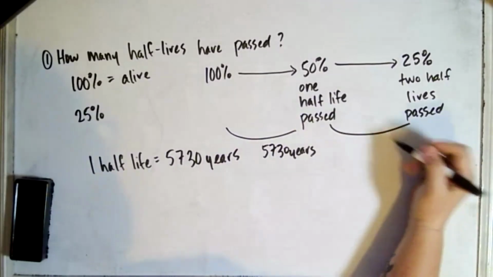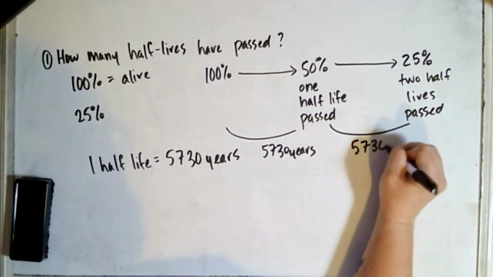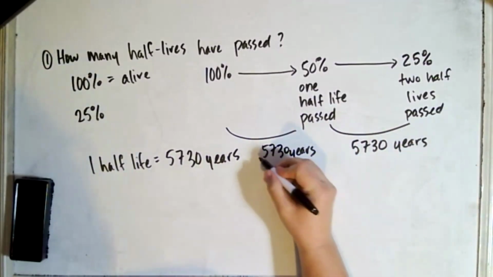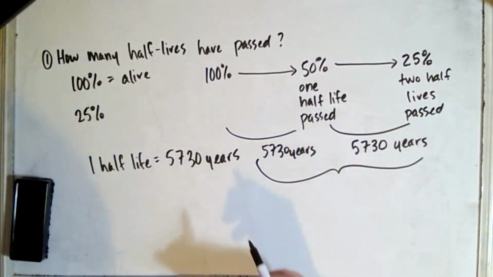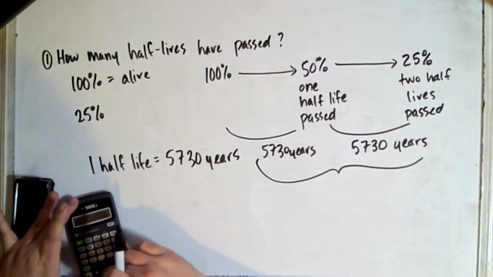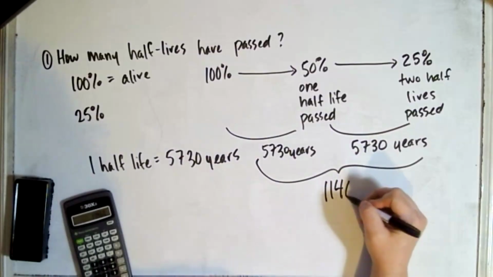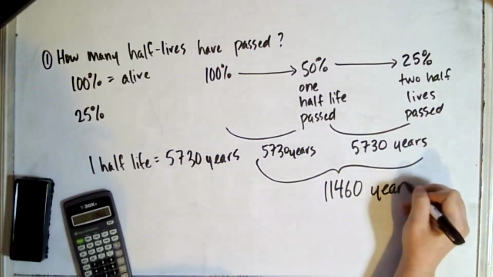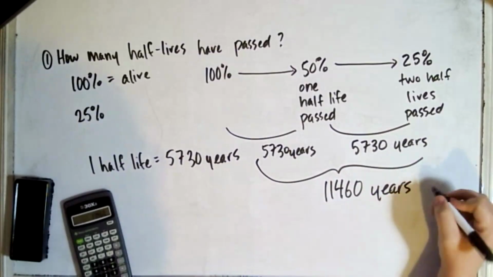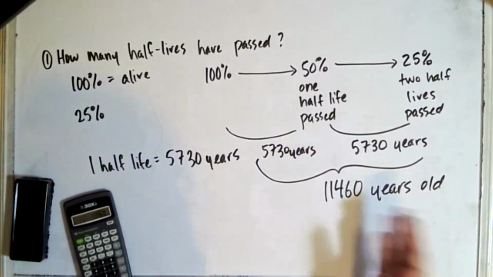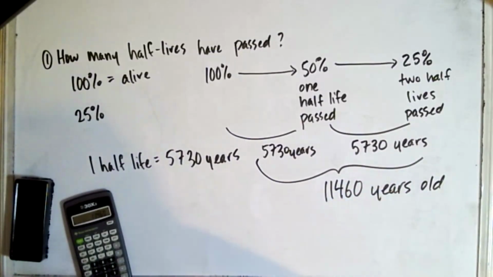When this second half-life passes, that's another 5,730 years. So how much time passes overall? We're going to add those two values together. So the bone is going to be 11,460 years old. The question was, how many years ago did the prehistoric animal die? So it died 11,460 years ago.